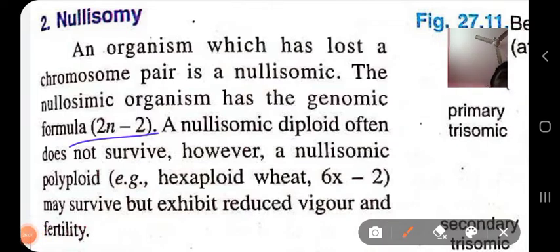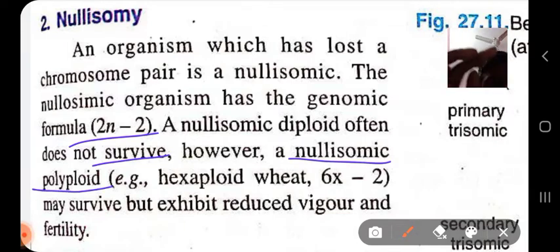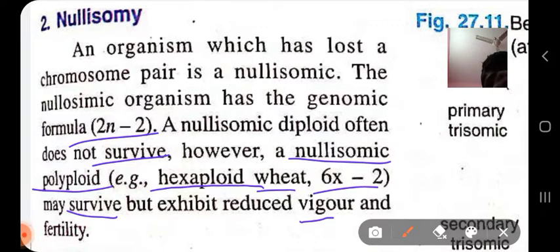A nullisomic diploid does not survive, but a nullisomic polyploid can survive, though its vigor, growth, and fertility will be affected. Like if we induce nullisomy in hexaploid wheat, it will still grow, but its vigor and fertility will be much lower.